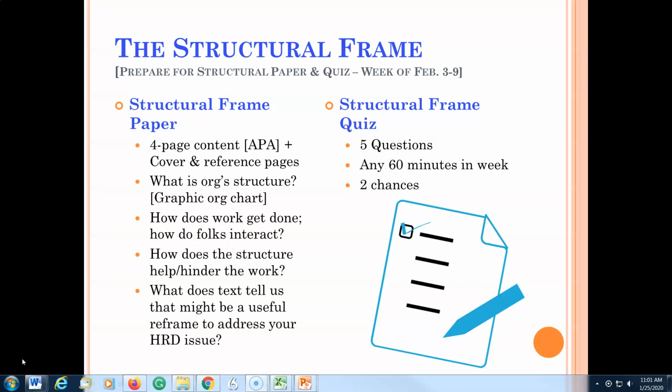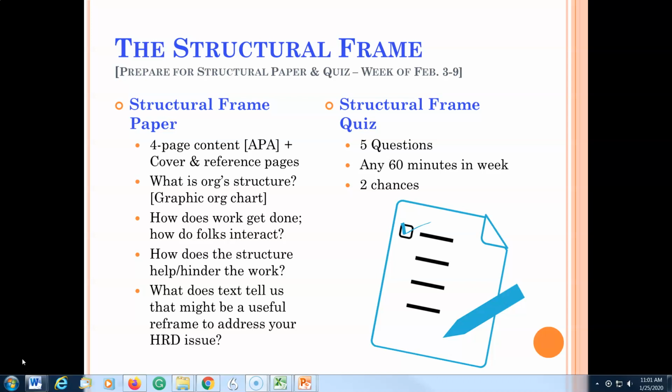What, looking through the lens of the structural frame, might be useful to reframe and to address that issue? We won't necessarily talk too much about it, but that is something that we'll get involved with because one of our papers is going to address a total reframe. So structurally, how might you reframe?